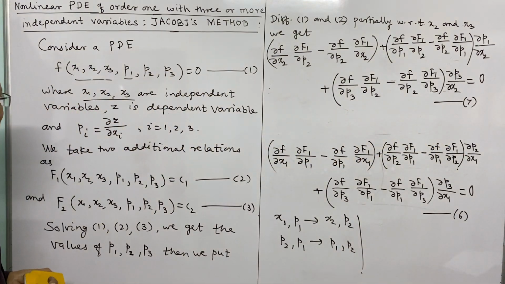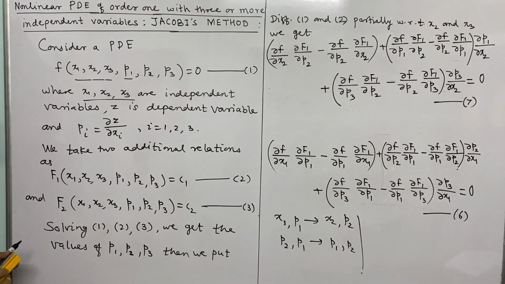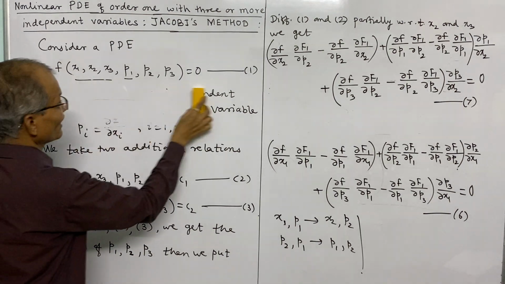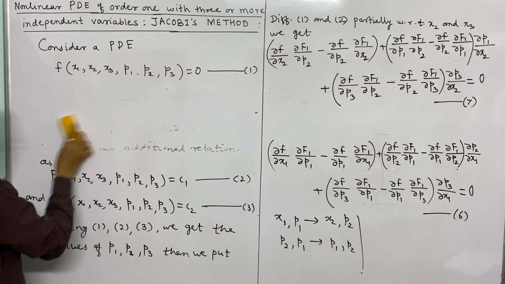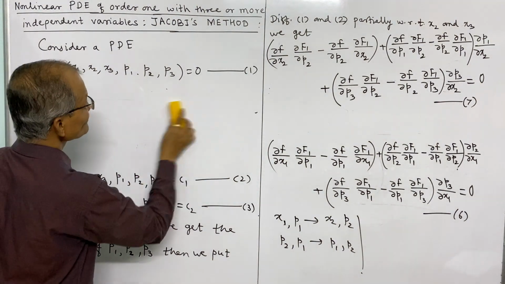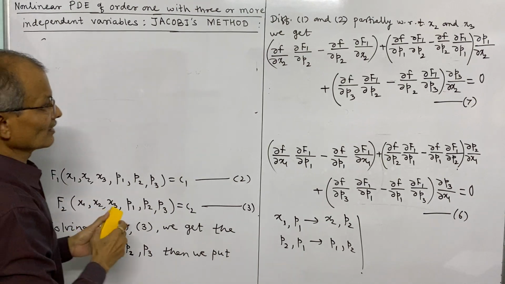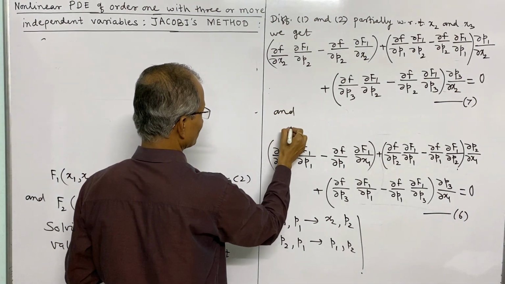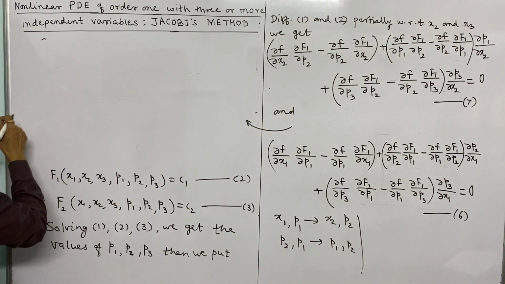Now after equation 7 we shall have to write equation number 8, eliminating x3 from these two. So I shall write here further after this step. What is the next equation?